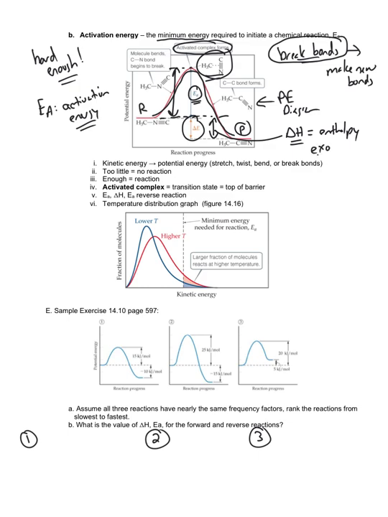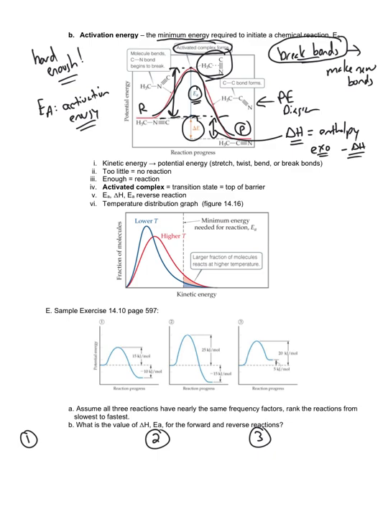Hopefully you said exo, because the products are below the reactants, and therefore energy will be released, and we have a negative enthalpy value because energy is released into the surroundings because the products are more stable than the reactants. This is an example of an exothermic graph.